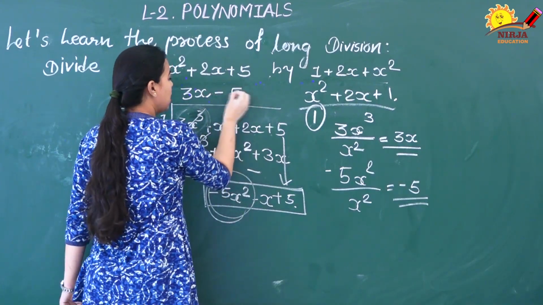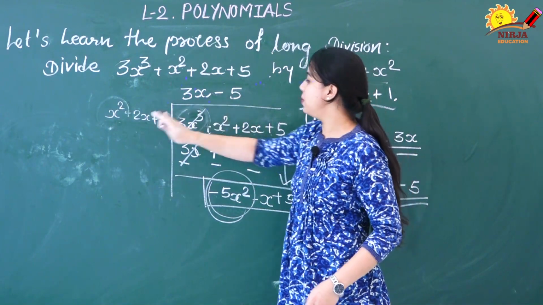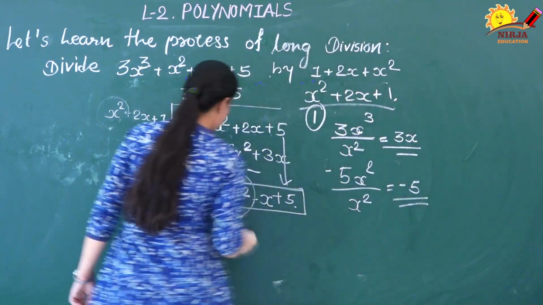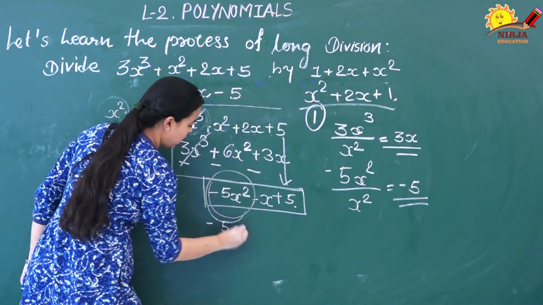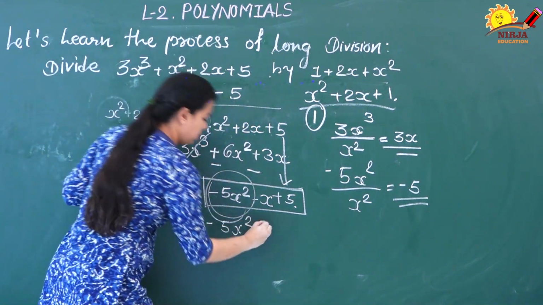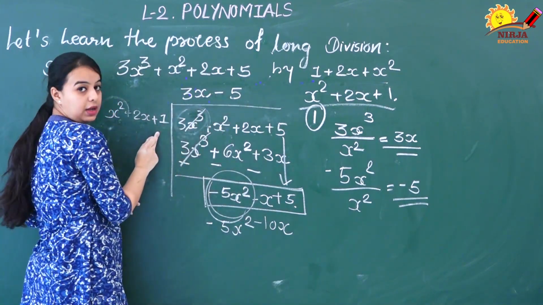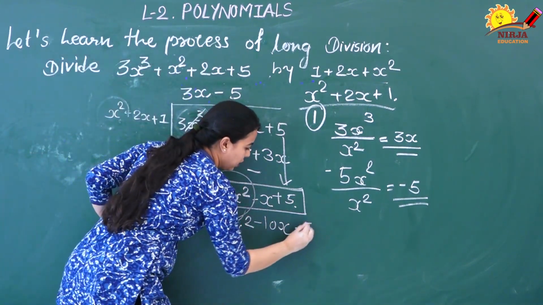Again we need to do multiplication. Minus 5 multiplied by x square is minus 5x square, minus 5 multiplied by 2x is minus 10x, minus 5 multiplied by 1 is minus 5.